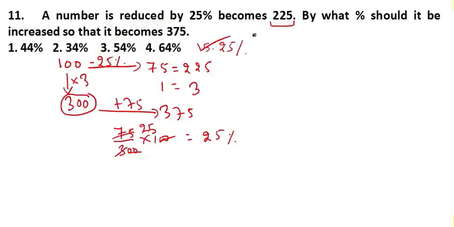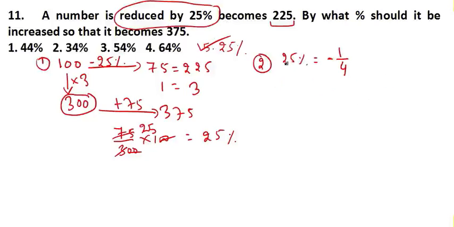Now I will tell you to do this question with a different approach, so watch carefully. This was approach 1, now approach 2. 25% means 1 by 4. So here my original number is 4.